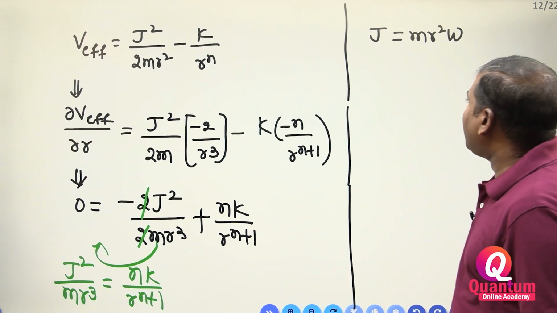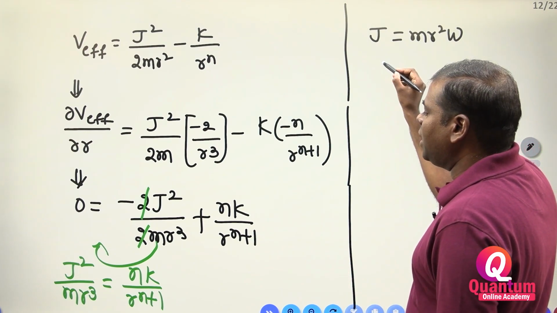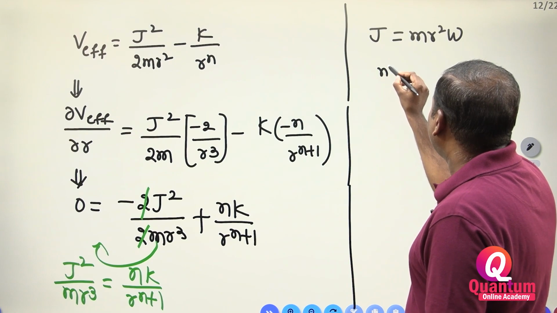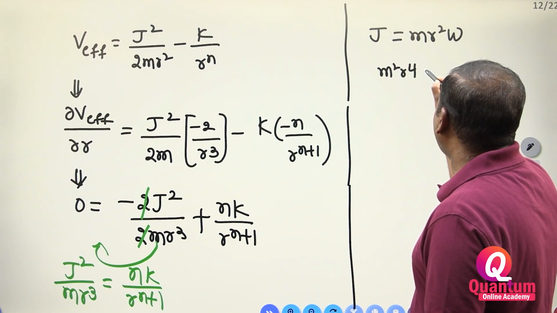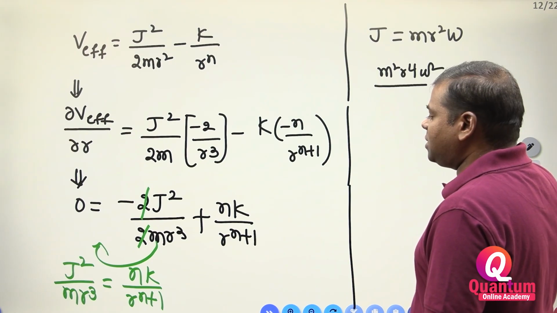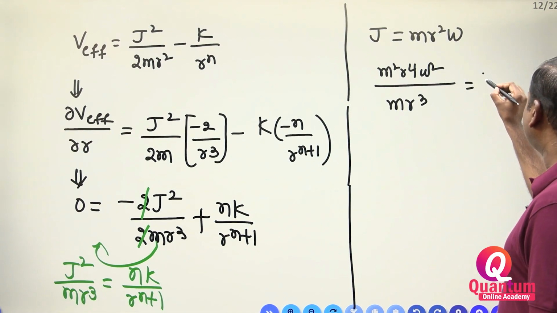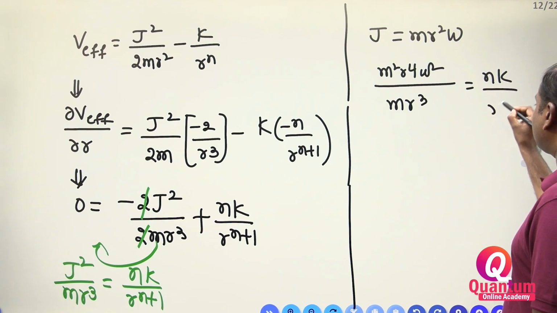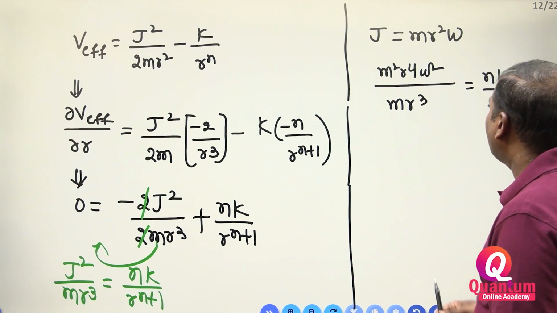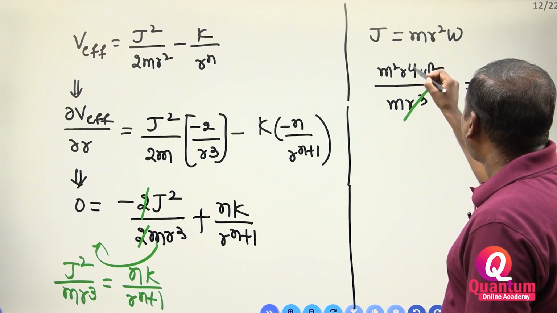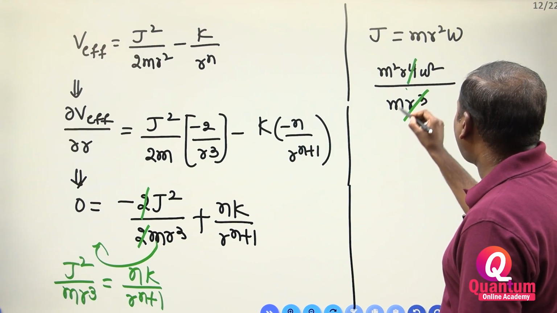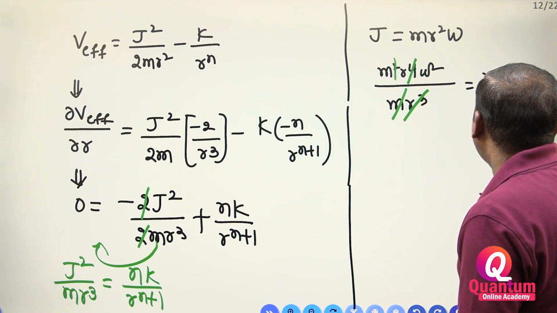From that, J square means m square r to the power of 4 omega square, divided by m r cube, equal to nK by r to the power of n plus 1. r cube and r get cancelled, and one m gets cancelled, right?